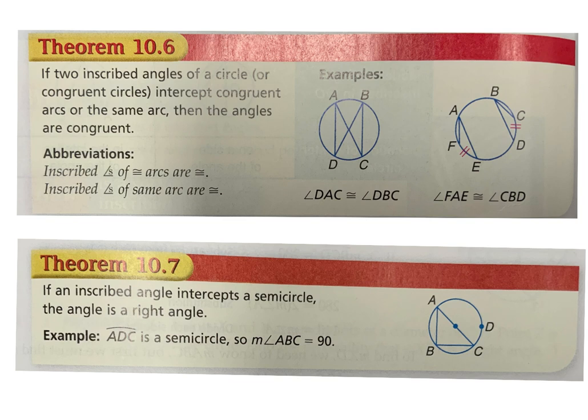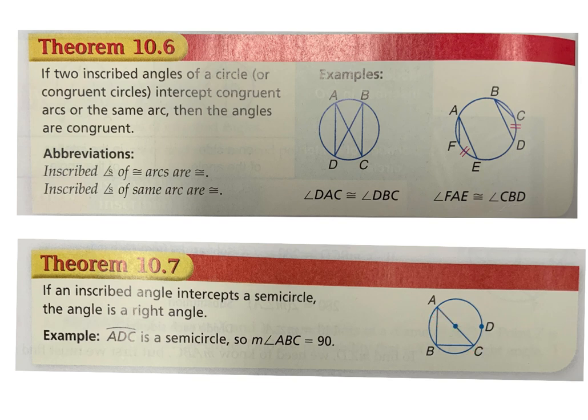If an inscribed angle intercepts a semicircle, the angle is a right angle. That's important because you're going to use this. If your angle intercepts the semicircle, so if I were to draw from one end of the angle to the other, I would actually be on the diameter, okay?